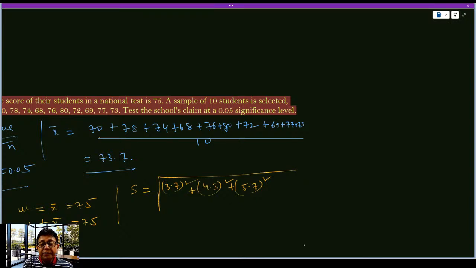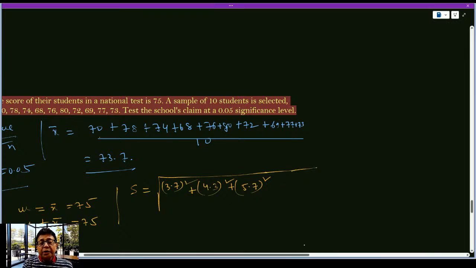This way you need to continue up to the last one, that divided by 10. Now calculate these differences and their squares in your calculator. I am also doing it here.